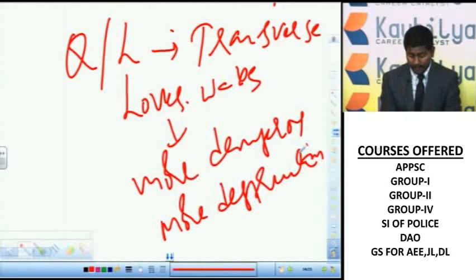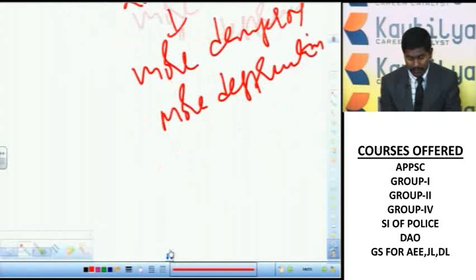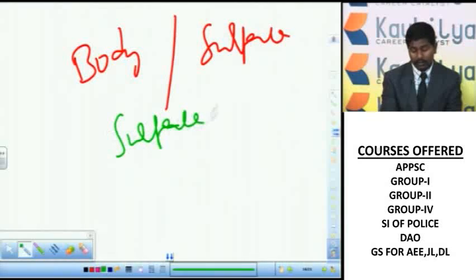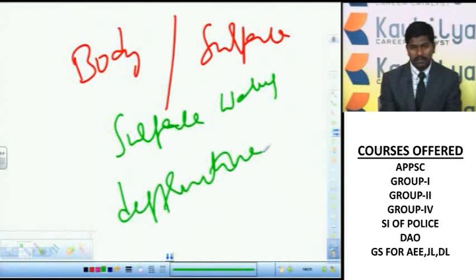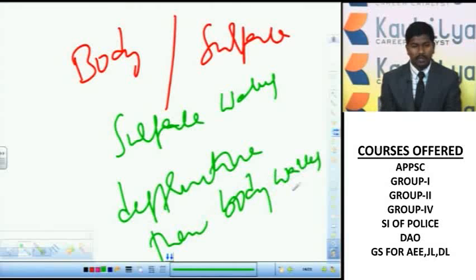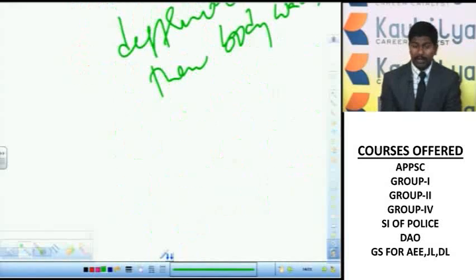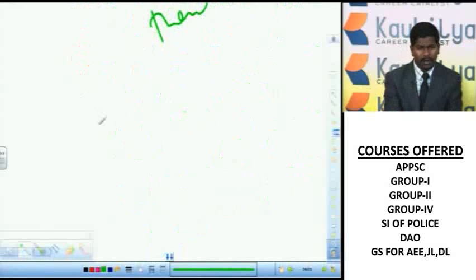So overall, if you take the body waves and surface waves, surface waves are more destructive than body waves, and among the surface waves, and among all these earthquake waves, Love waves are the most dangerous.